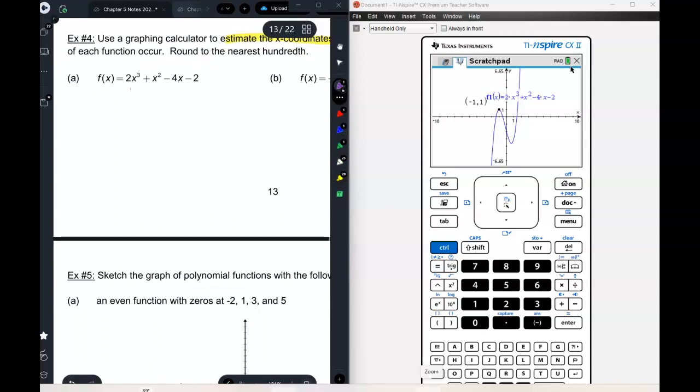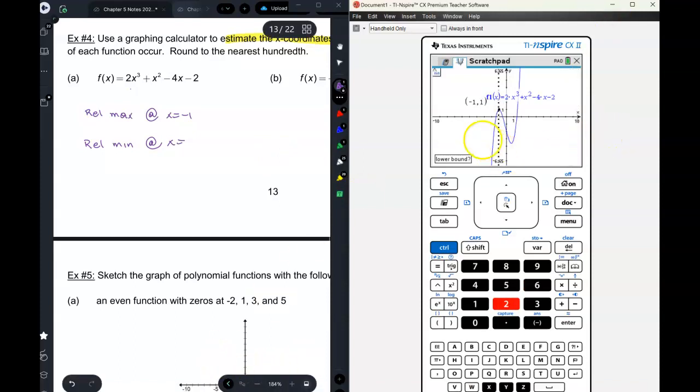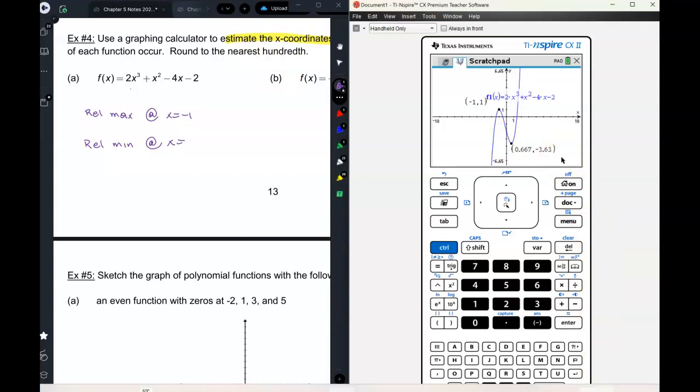So now we say, okay, there is a relative max at x equals -1. Okay, and then there is a relative min at x equals, so we're going to do menu, analyze graph, minimum, and it's going to be right here. Right, at 0.67.